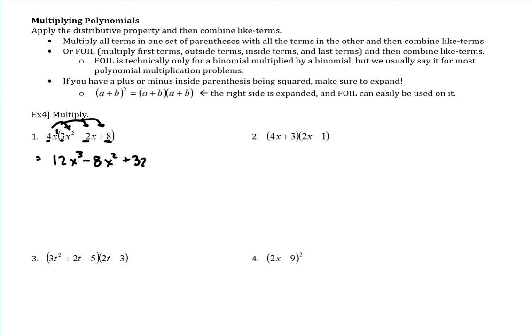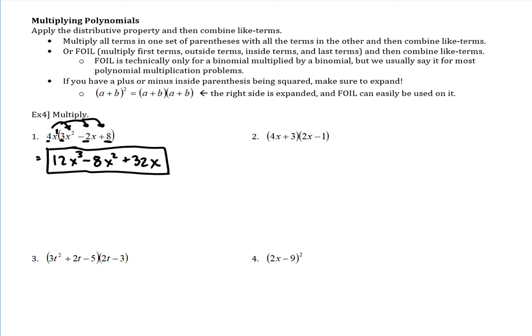So 4 times positive 8 is positive 32. And then x has no other x to multiply with. However, it will be there. It just tags along. So x is tagged along at the end. And that's it. So 12x cubed minus 8x squared plus 32x. And that's all it takes.